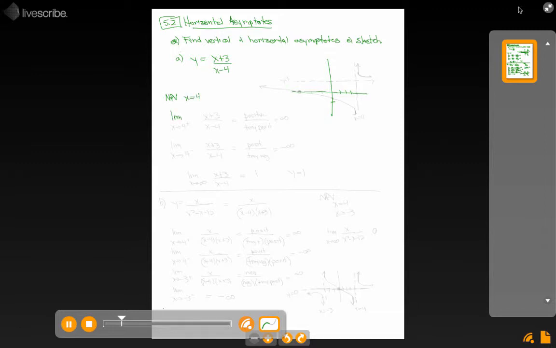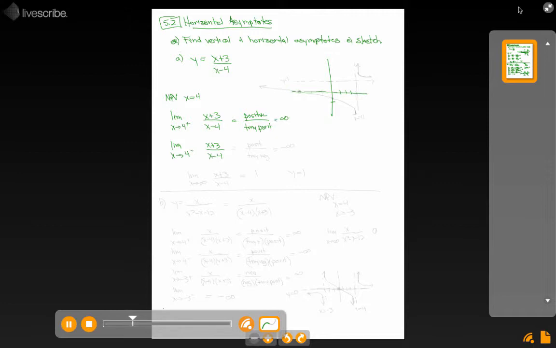So I do: what's the limit as x approaches 4 from the right, and what's the limit as x approaches 4 from the left, of x plus 3 over x minus 4? If I do it from the right, I'm putting in a number like 4.00001, and I'm going to have a positive number on top divided by a tiny positive number on the bottom, which means this thing is going to head towards infinity.